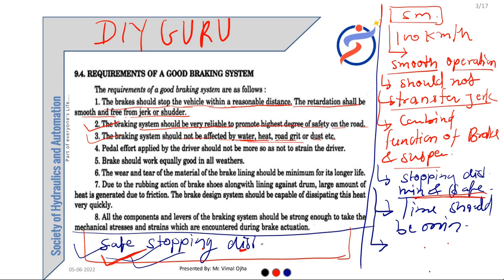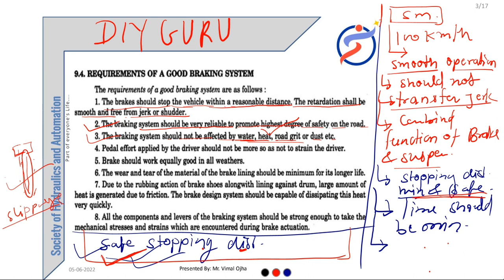Suppose this is a disc, and the caliper is mounted here. In rainy season, the disc will be wet due to the rain. That should not cause an accident because of slippage. We will understand how we can avoid this.